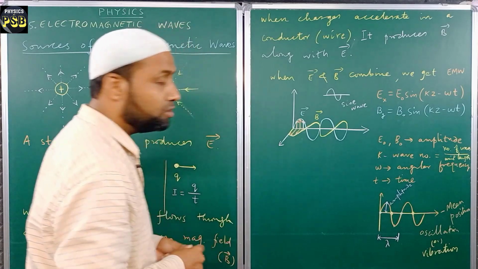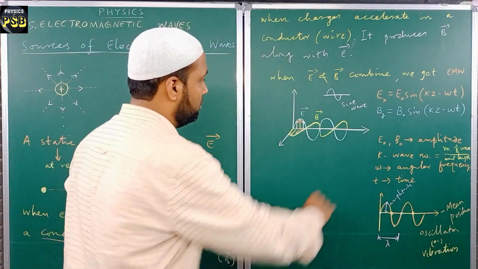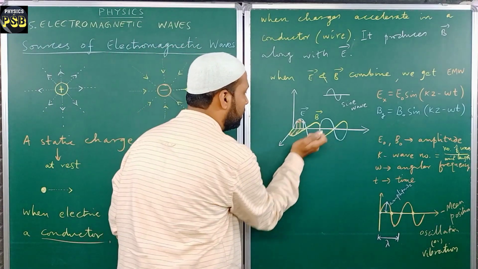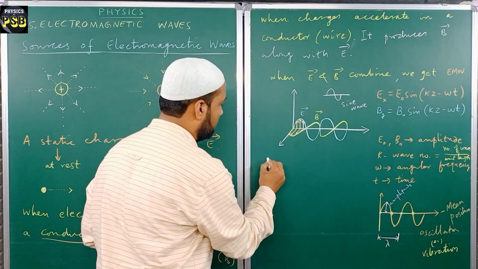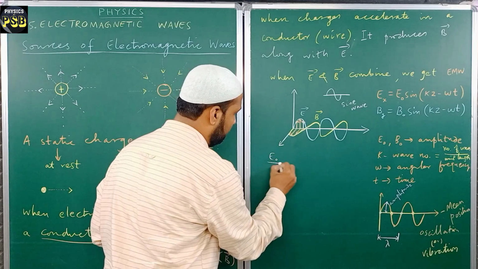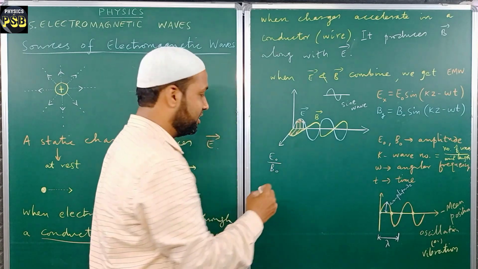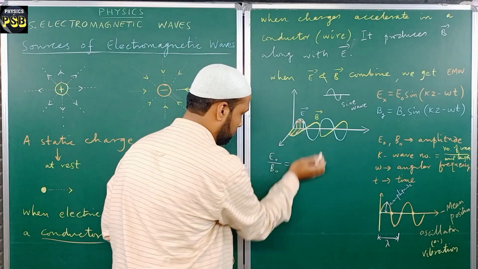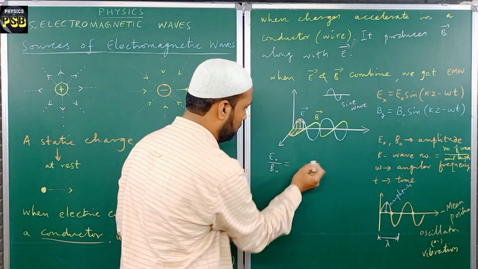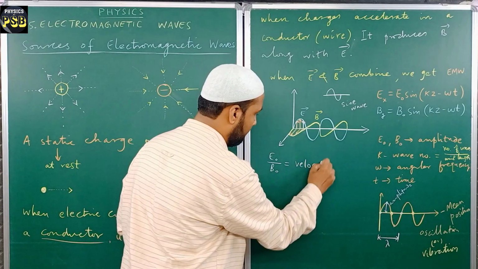Now we'll discuss the velocity of electromagnetic waves. Here, the ratio of E naught and B naught gives us the velocity of electromagnetic waves.